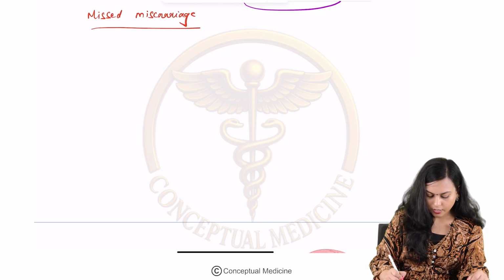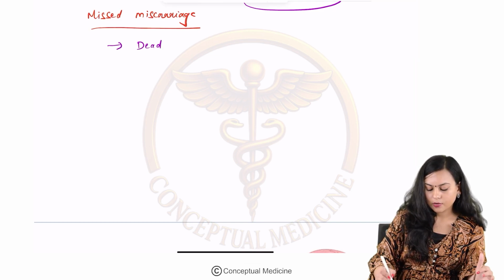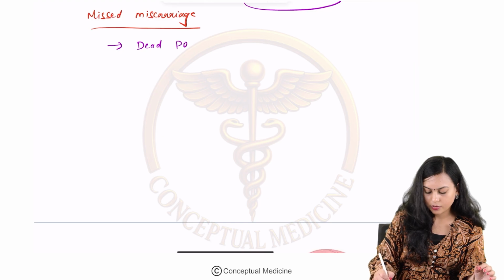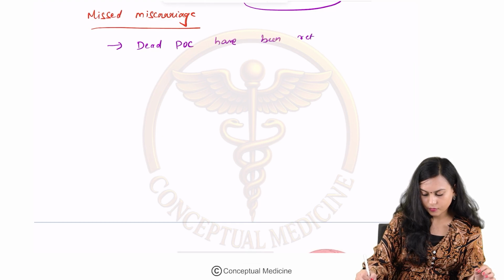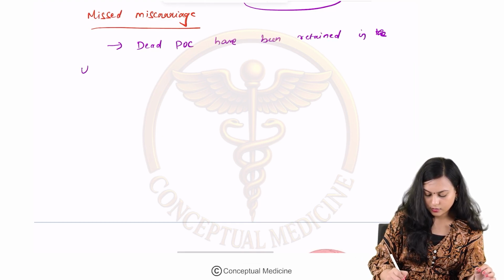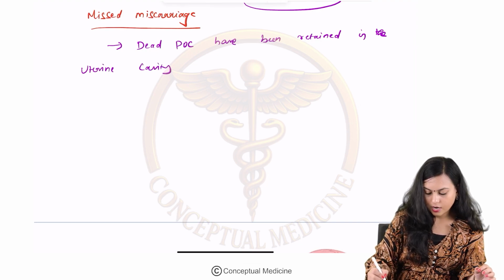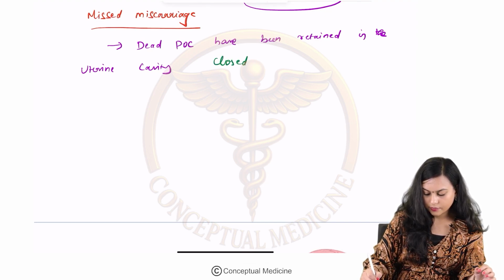Next type of miscarriage is missed miscarriage. Now here the products of conception or the embryo has already died. So dead products of conception have been retained in the cavity, and you have a closed cervical os.